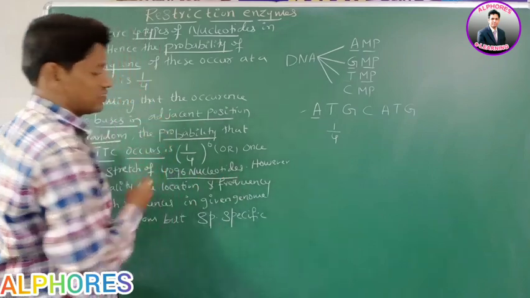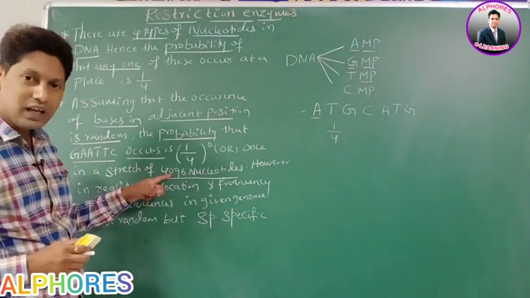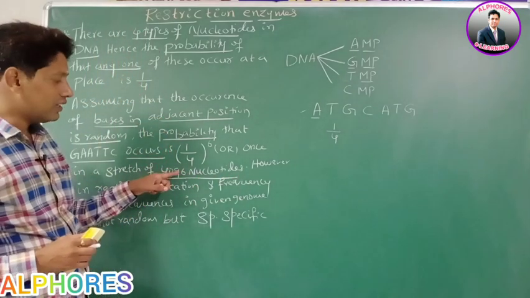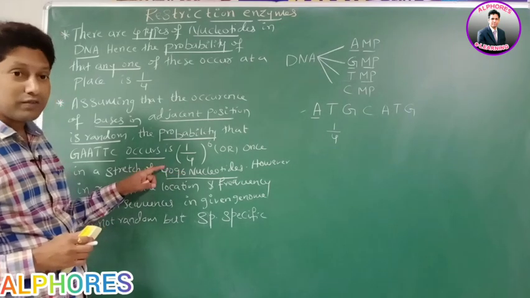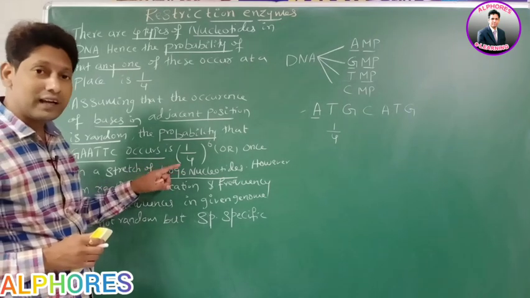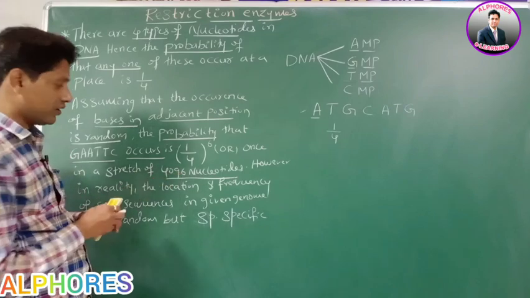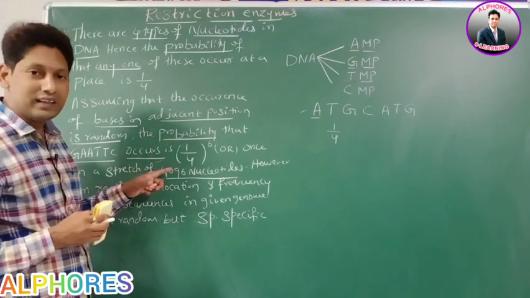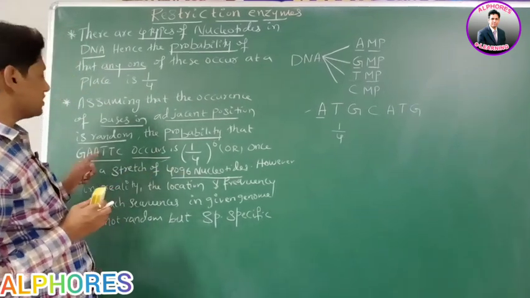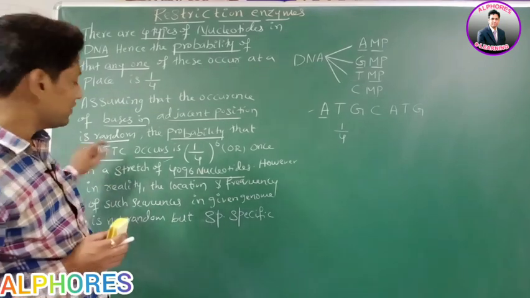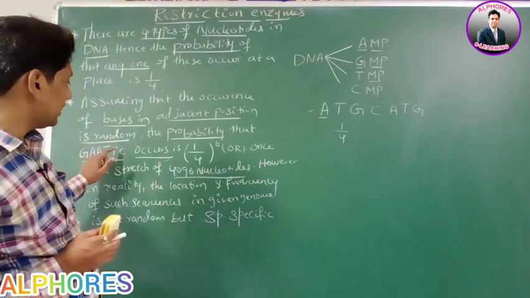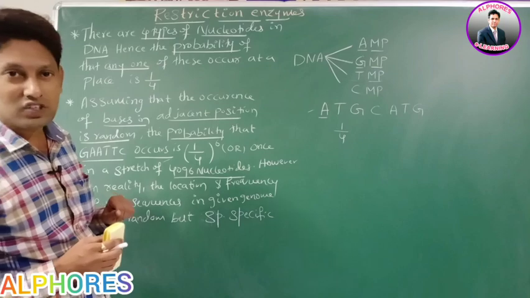4096 nucleotides. It means for every 4096 nucleotides, this sequence will repeat. What is that sequence? GAA-TTC sequence. Is this statement okay?